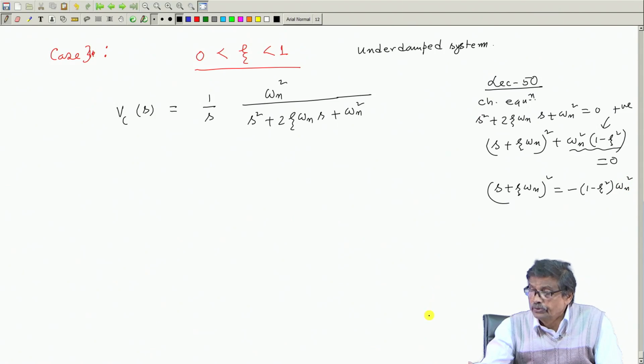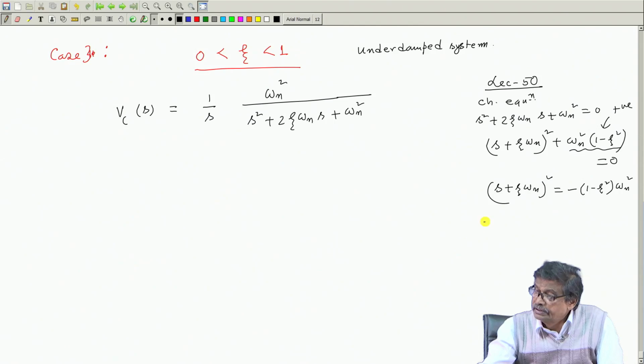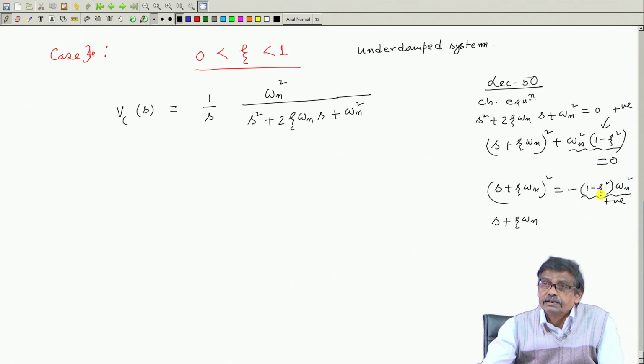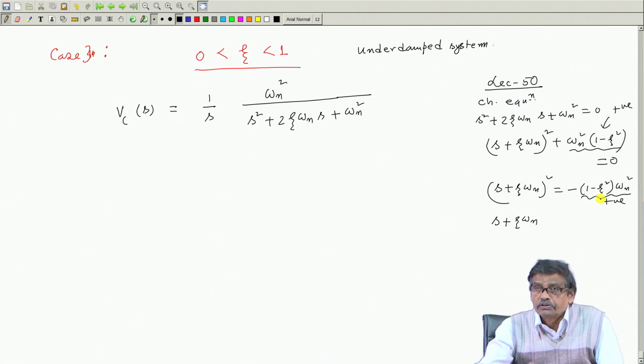To find the roots, I take the square root of both sides. Since zeta is less than 1, 1 minus zeta square is always positive.